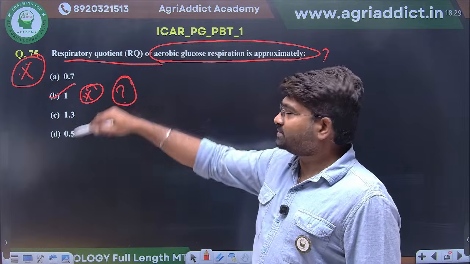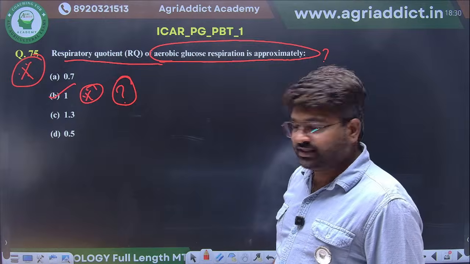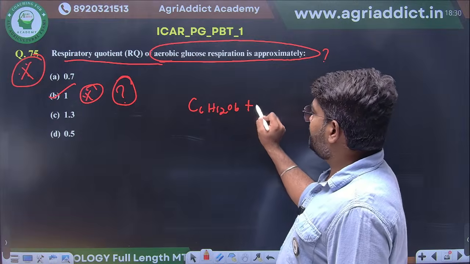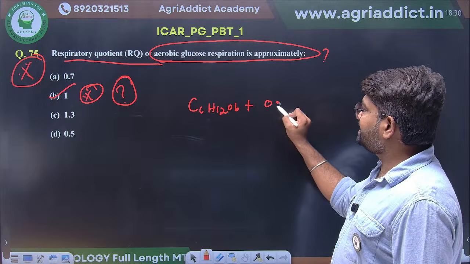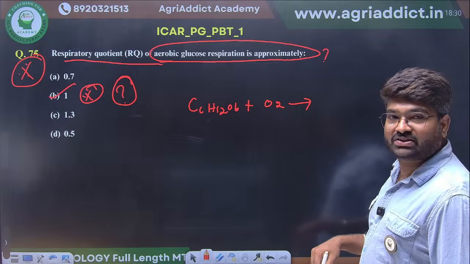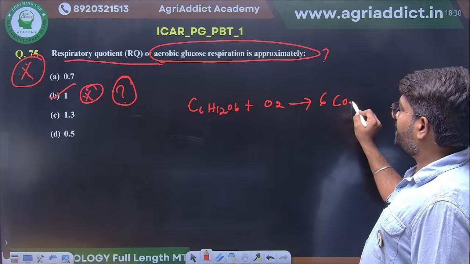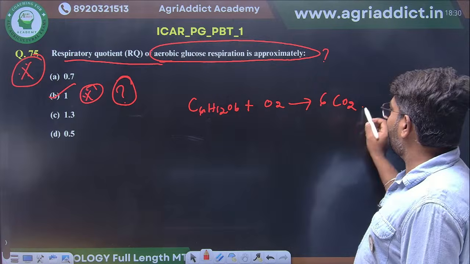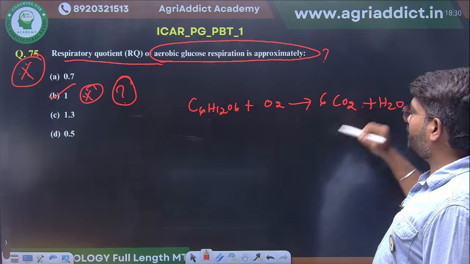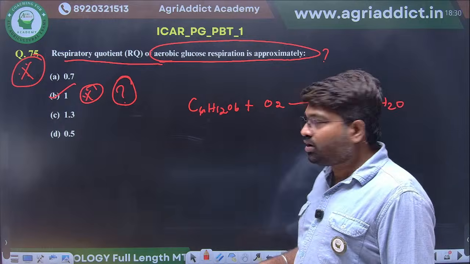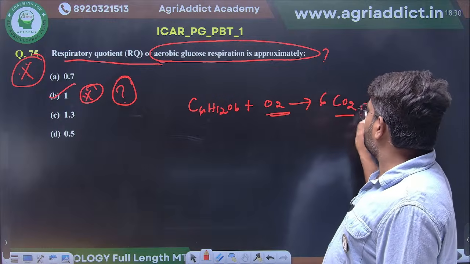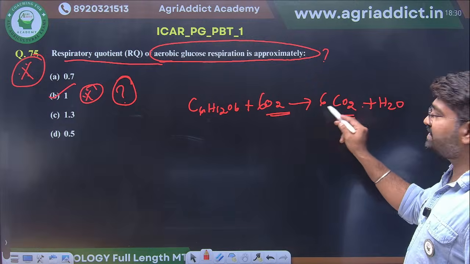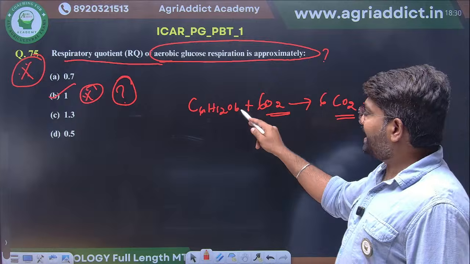How is it 1? If you see C6H12O6, if it reacts with oxygen molecules, that will lead to the formation of 6 molecules of carbon dioxide, plus water molecules. Just balance this equation, students.